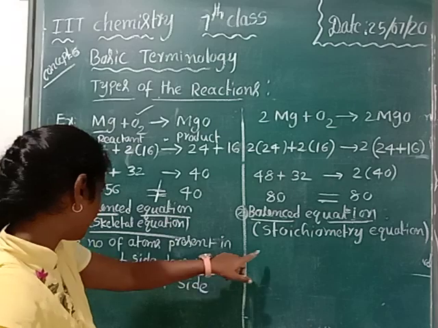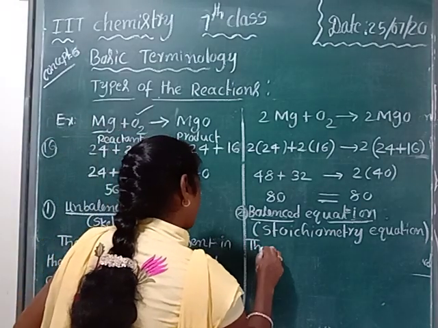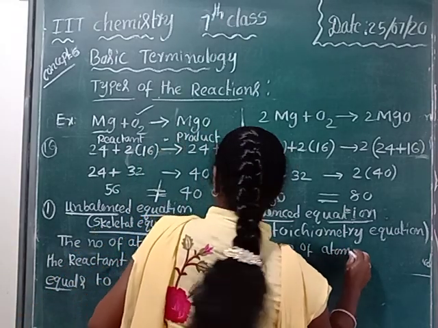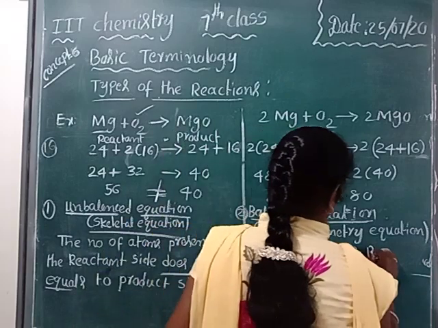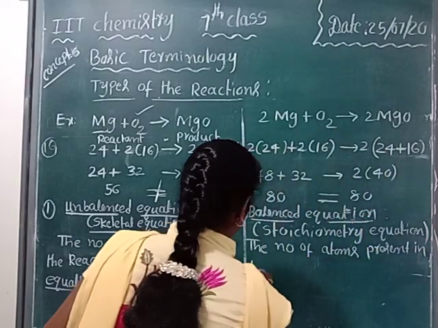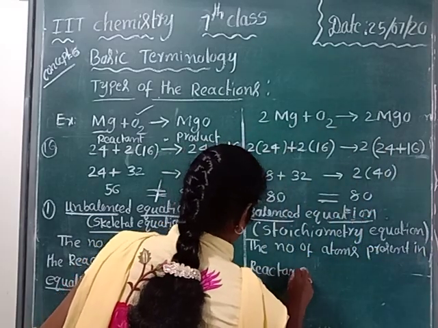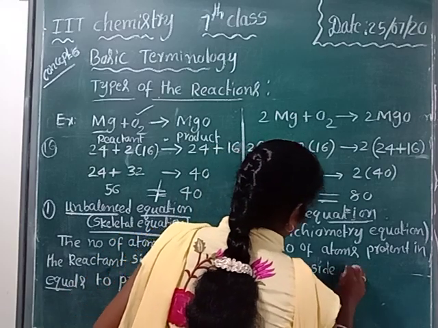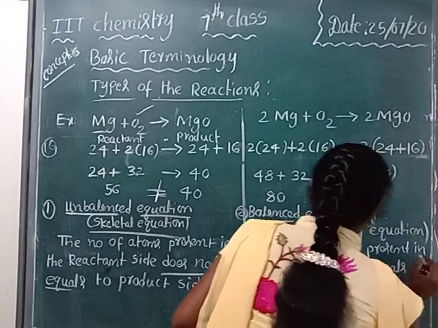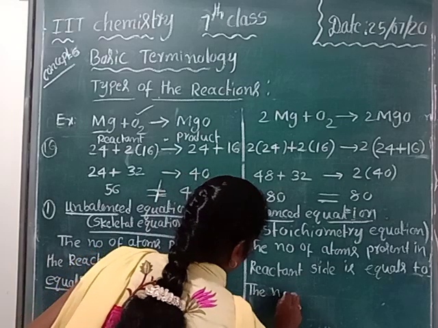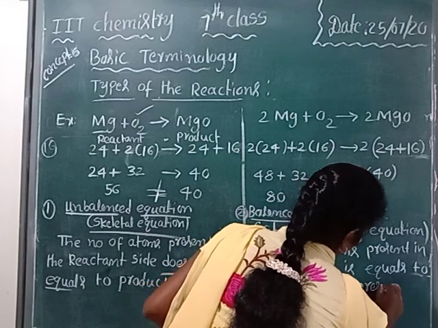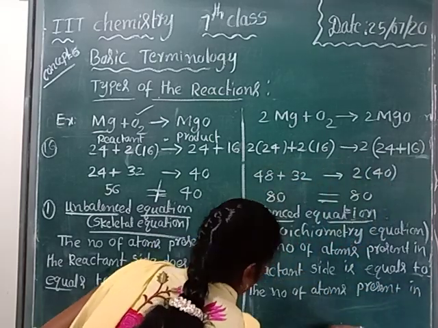There it does not equal, but here it equals. So the definition of a balanced equation: the number of atoms present in the reactant side is equal to the number of atoms present in the product side.